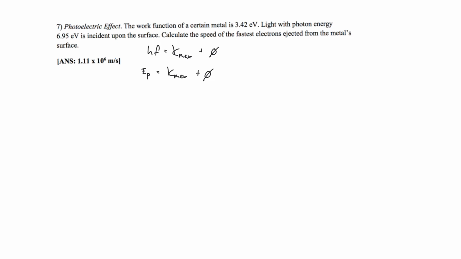So to calculate the speed of the fastest electrons, first I'm going to calculate the maximum kinetic energy, and then I'm going to use 1/2 mv squared to get the speed. So the first thing I'm going to do is rearrange this equation to solve for K max. So maximum kinetic energy is the energy of the photon minus phi, the work function.